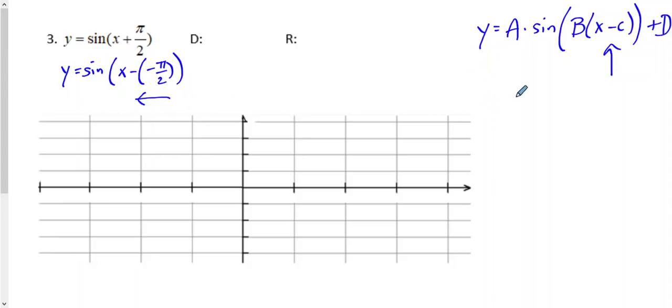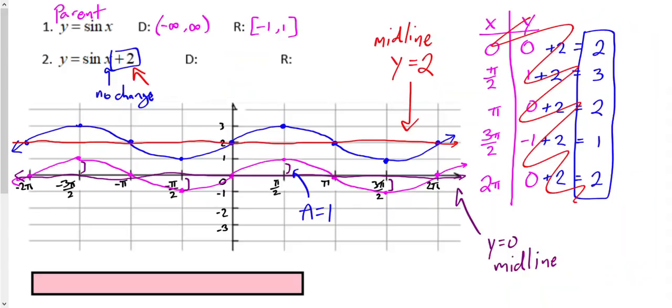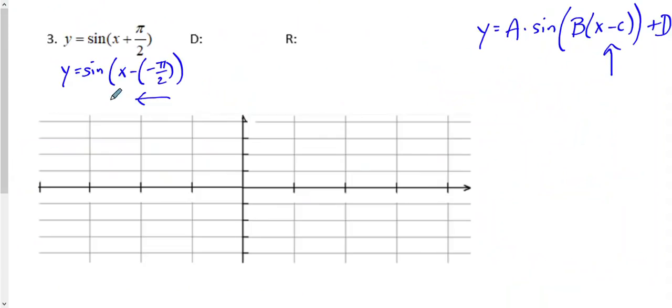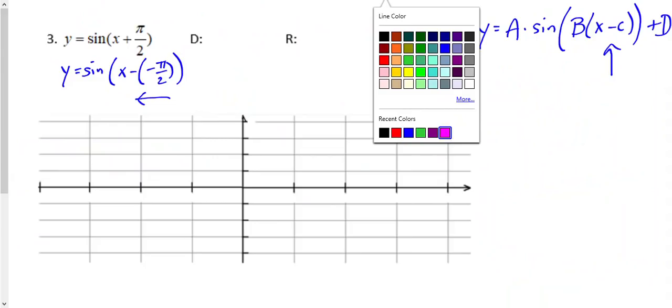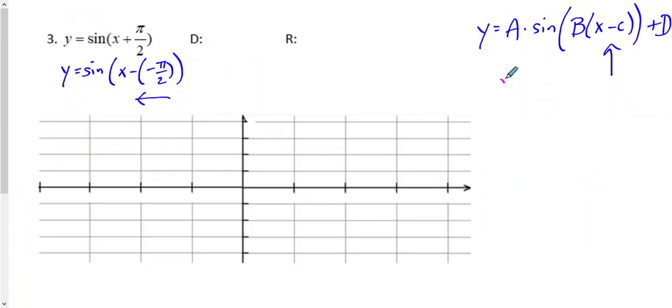So what I'm going to do is, let me see if I can't. No, I made too much of a mess of that already. That's fine. I'll just draw a new table over here. I'll put this in for reference one more time. But these are the 5 points from our parent function y equals sine of x.